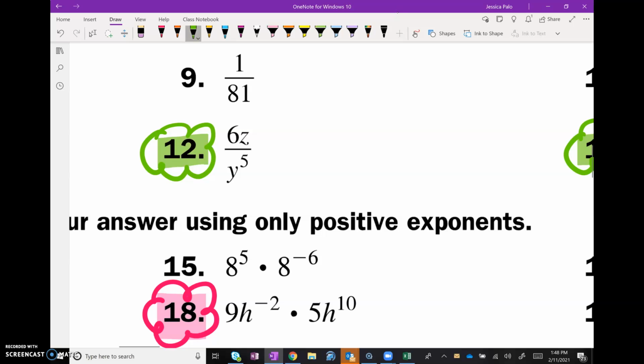Our goal is to rewrite this expression without a fraction bar. We need to get rid of this fraction bar. That means the number in the denominator needs to go back up into the numerator. It's down in the denominator because it was negative and we needed it positive. Now we need it back negative so it can come back up to the numerator.